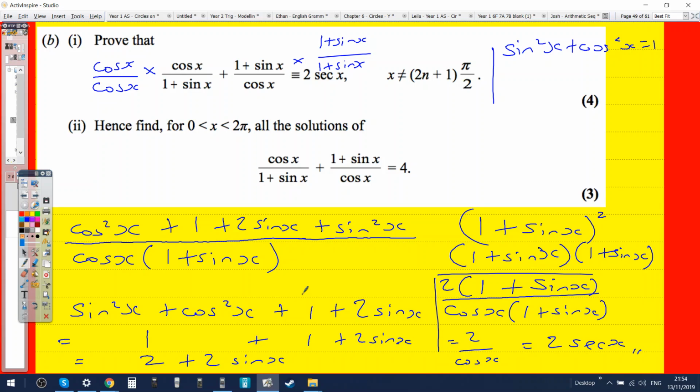All right. Part 2. How do we do this? What is 4 divided by 2?